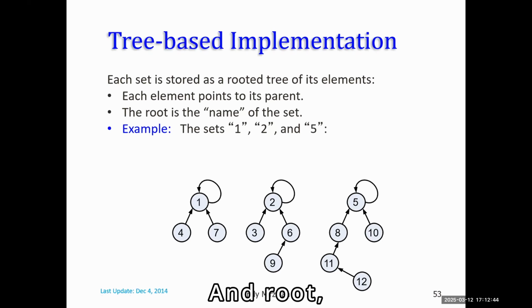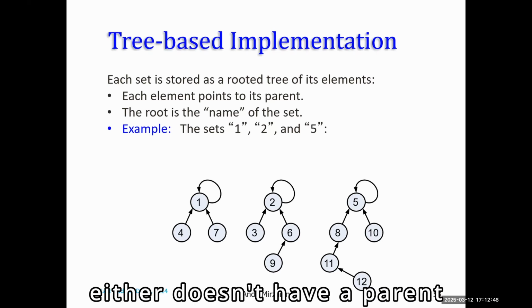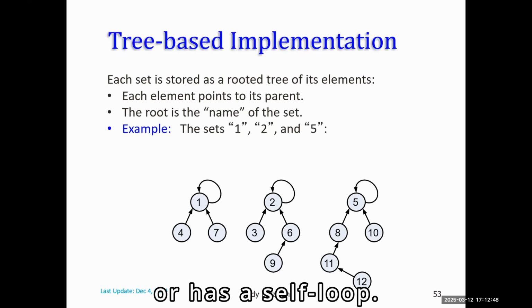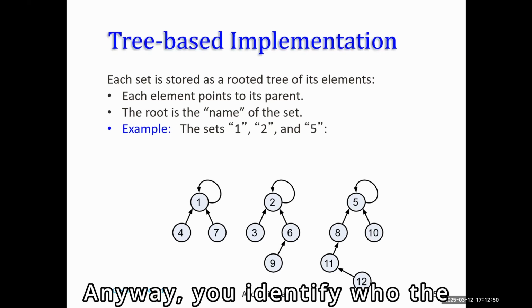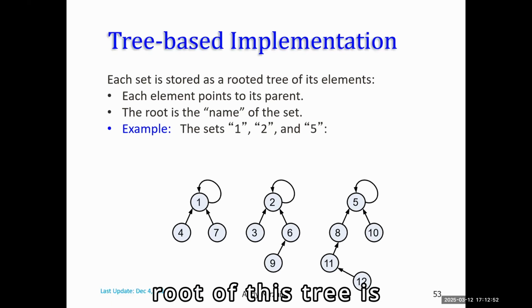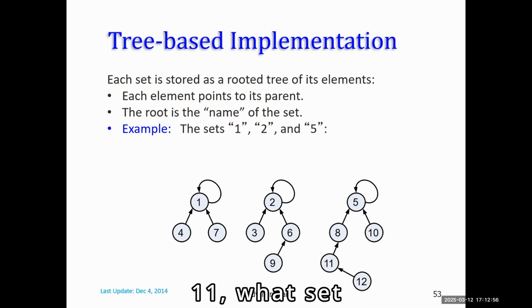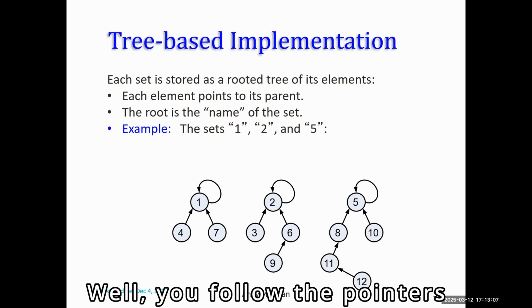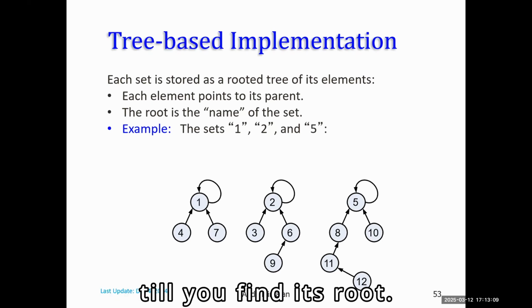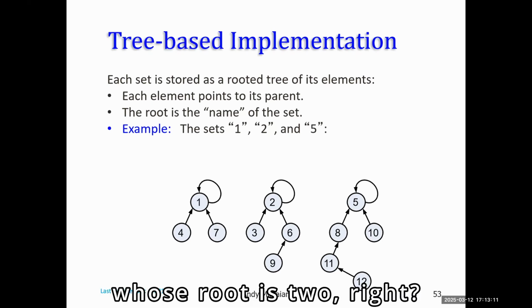Here the root either doesn't have a parent or has a self loop. Anyway, you identify who the root of this tree is, and then you say, 11, what set are you in? Well, I'm in the set whose root is 5. And if you ask, hey, 6, what set am I in? Well, you follow the pointers till you find its root. I'm in the set whose root is 2. Does that make sense?